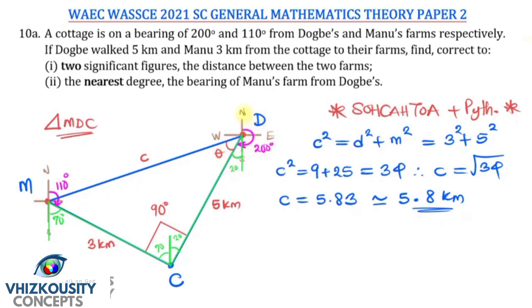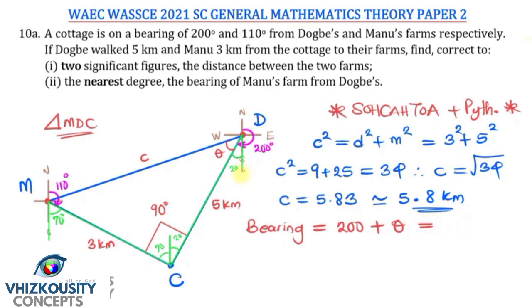Because here we are starting from the north, we get to the bearing of the cottage from Dogbe's farm, and then add theta to it to get to the bearing of Manu's farm from Dogbe's farm. So the bearing that we're asked to find is going to be 200 plus theta.